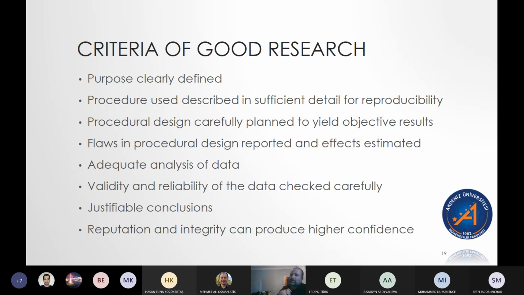And so that can make reproducibility hard because other researchers follow us and we don't have a detailed procedure to give them. All right. So now, if we don't design our procedure carefully, well, it'll be harder to get objective results.